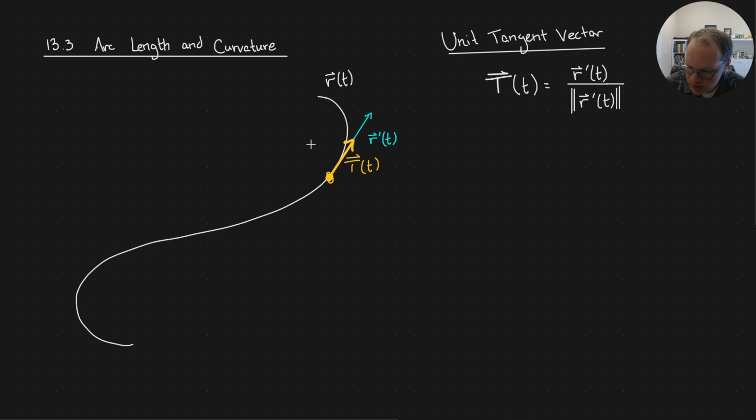So what we want is a unit vector pointing orthogonal to the curve, that points in the direction that the curve bends. We call this the unit normal vector.